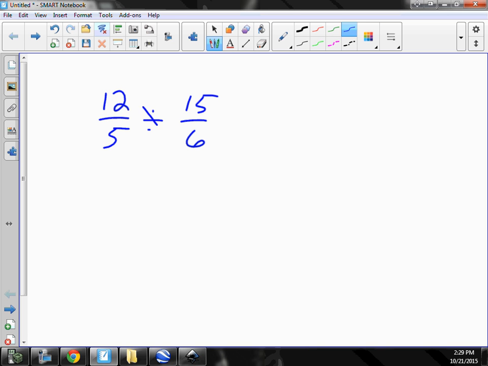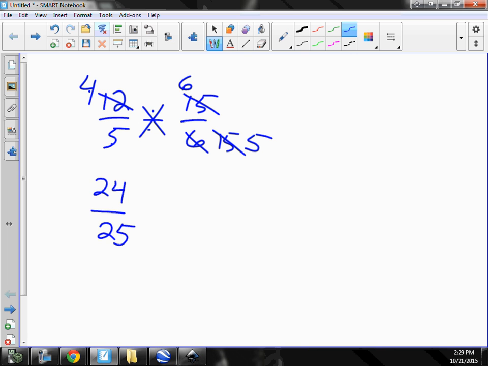So I'm going to change this to a multiply, and I'm going to put the 6 here and the 15 here. So I can pull a 3 out of this, so that would be 4. I can pull a 3 out of this, and it would be 5. Nothing else comes out, so 4 times 6 would be 24. 5 times 5 would be 25.